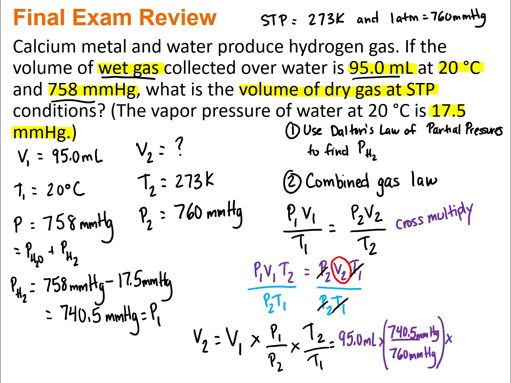I like parentheses. You should know that by now. Our temperature, our initial one is in Celsius. We need to convert to Kelvin. So you add 273.